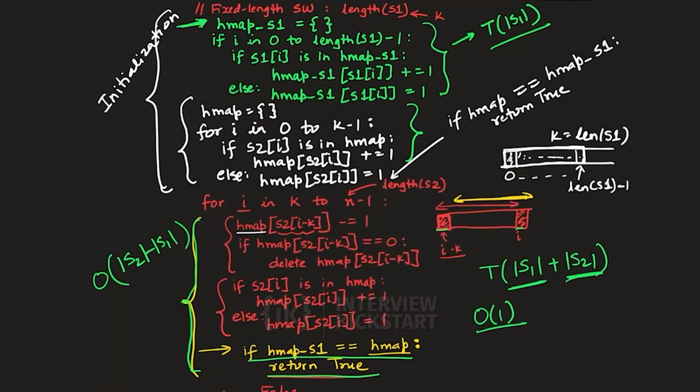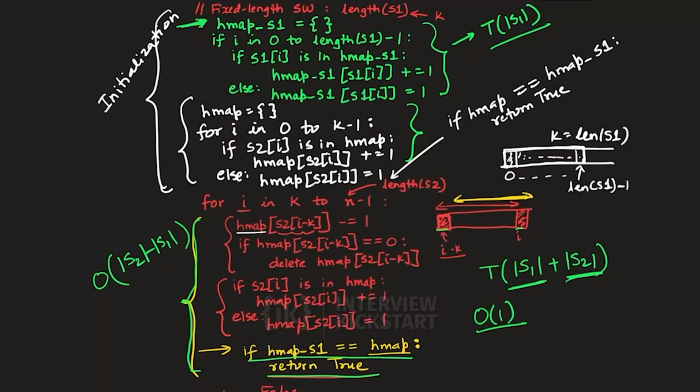Now there is one special optimization you can do for this problem. I don't think it's absolutely required, but if you wanted, you could build the frequency table in a way that this comparison between the two hash maps, instead of comparing potentially 26 keys, you could do this comparison instantly.